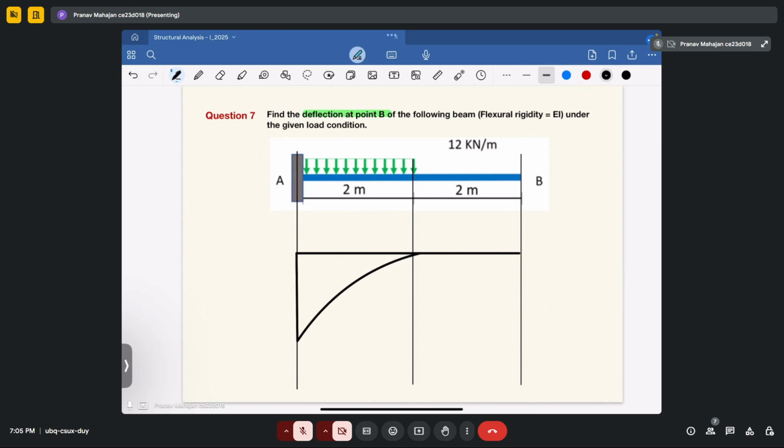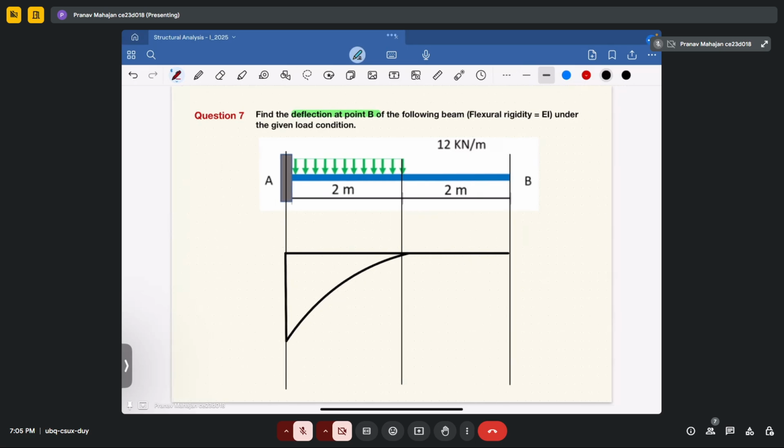Fine. So let me write, I will directly write as EI diagram. So in this case, your maximum moment will come out as 12 into 2, 24 divided by EI.